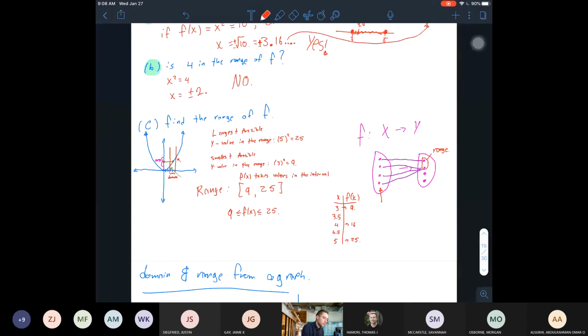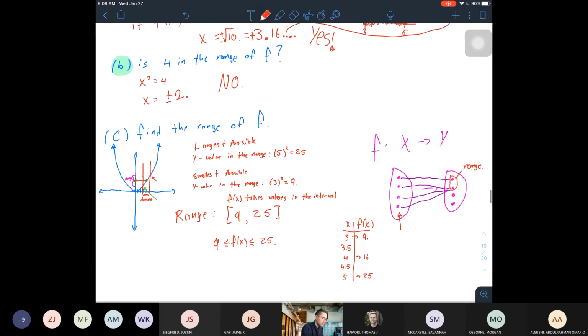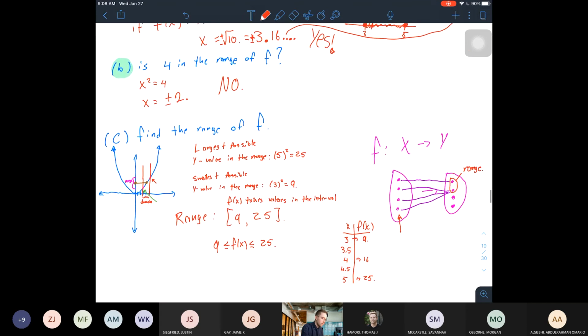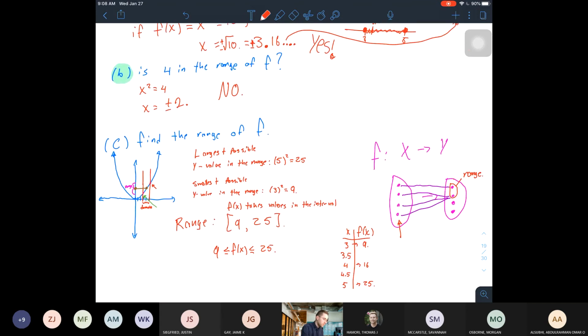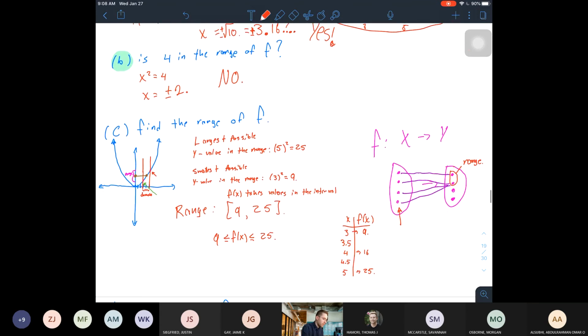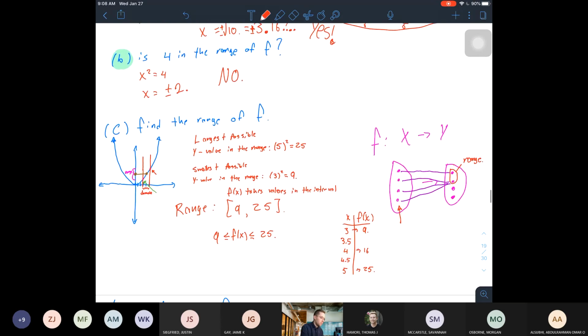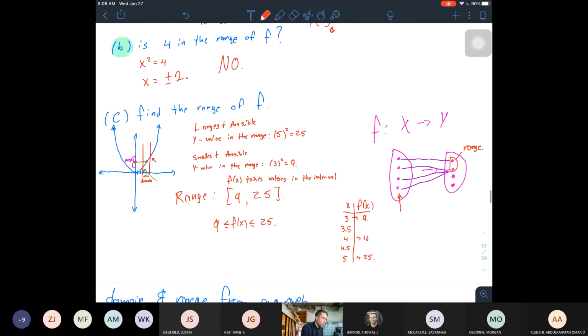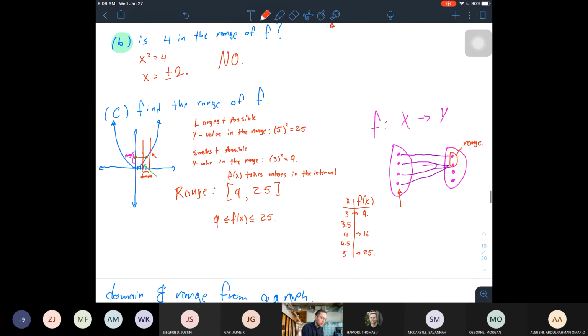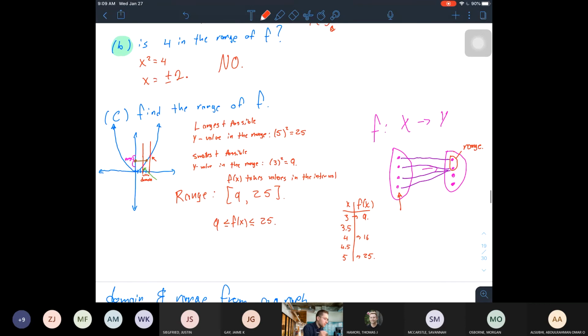So you could algebraically conclude that this is an increasing function, and that the endpoints of our range correspond to the endpoints of our domain plugged into the function. But I think it's easier to see with the graph. If you can draw a graph, it will often help you.